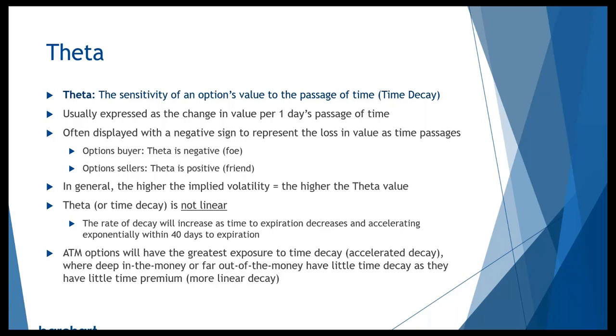Now that's because out of the money or in the money options have these higher deltas, or lower deltas. They're closer to 100 or 0. So they're also going to have smaller gammas. And when we look at Vega, they'll have smaller Vegas as well, because they're less impacted by that implied volatility.